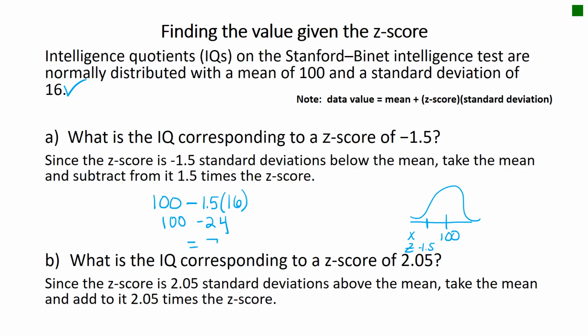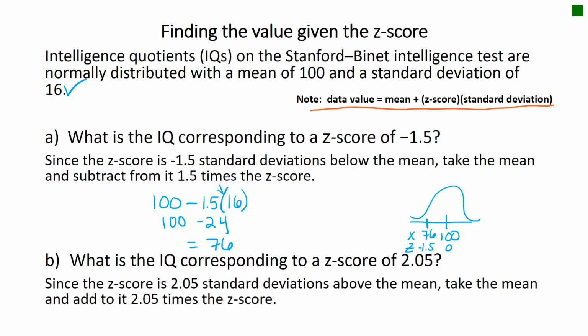So a score of 76 will be 1.5 standard deviations below the mean, because 1.5 times 16 is 24 points. The formula up there is what you would get if you solved our z-score formula for our data value.